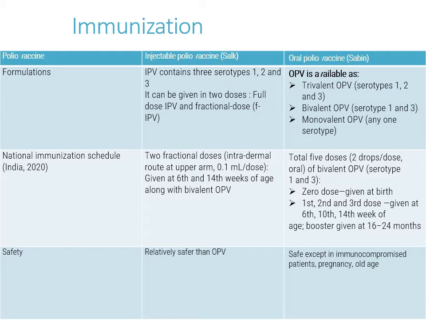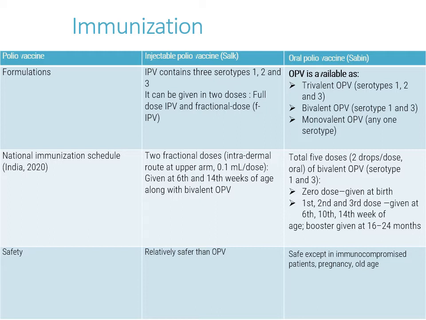So that is the 5 doses given for oral polio vaccine. In case of IPV, 2 fractional doses are needed, that is intradermally 0.1 ml, given at the 6th and 14th week of age along with the OPV.